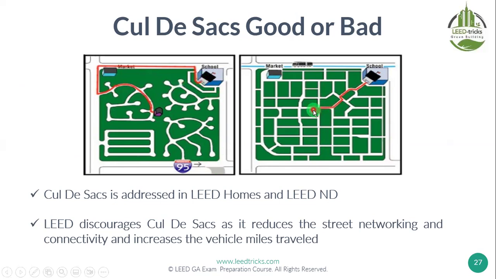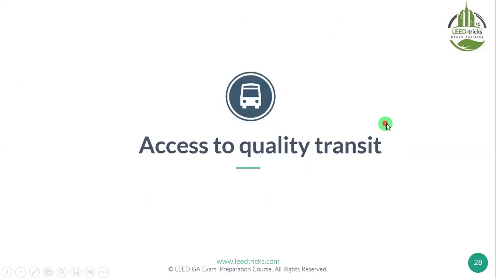But with a smart city design or planning, you have many alternatives, where you can go to the school from different ways in a short time. The farthest option is still nearer than this. So we avoid cul-de-sacs.